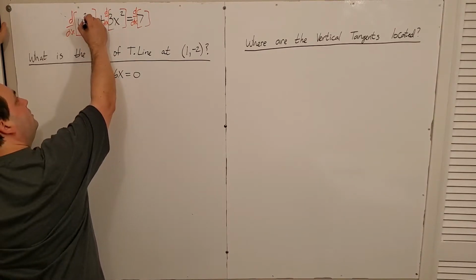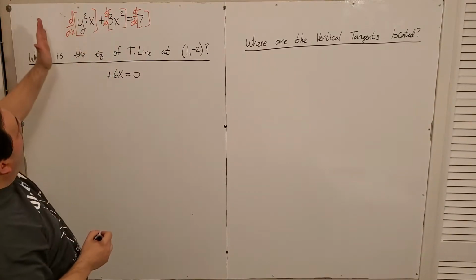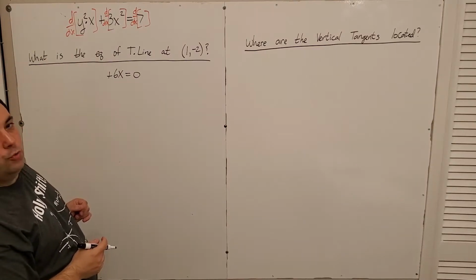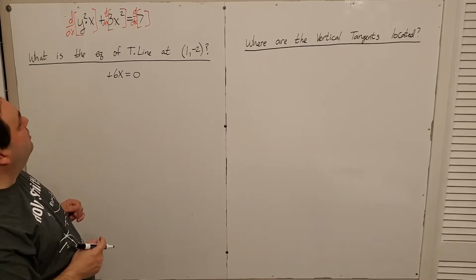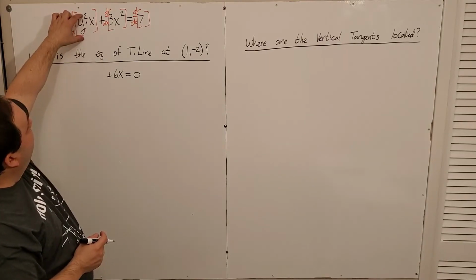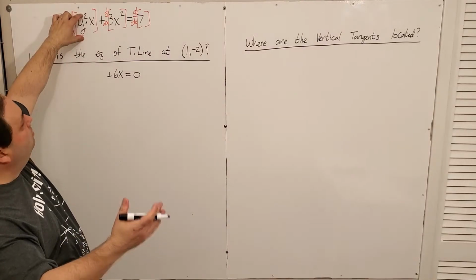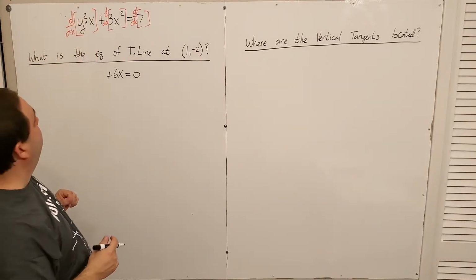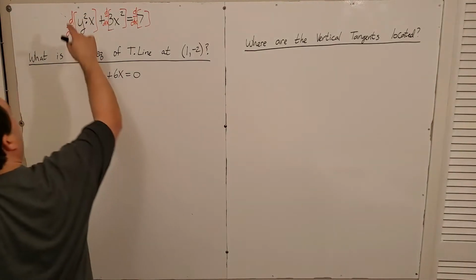Now, here's where you got to be careful. See how this is a multiplication of y squared and x, two separate pieces? That is a product rule. Make sure you notice when you have a product rule. I've got to do the derivative of the y squared, leave the x alone, plus leave the y squared alone, do the derivative of the x. Okay, so let's start with the first part.